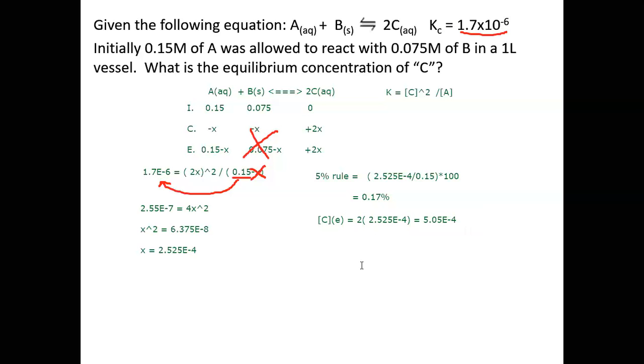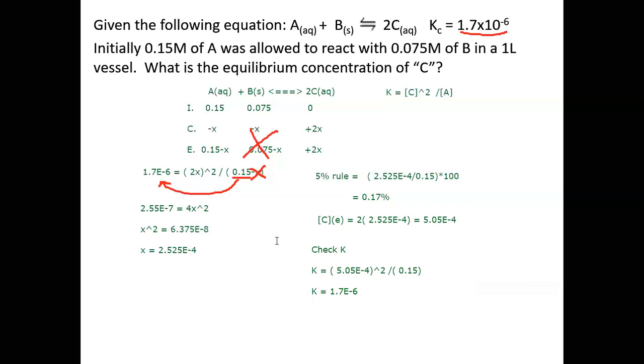So now we know the equilibrium concentration of C. We can check for K. So K equals, and we get 1.7 e to the negative 6. So our K checks out.